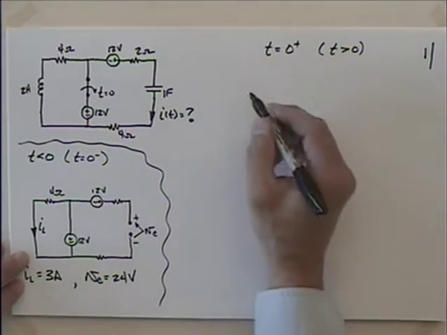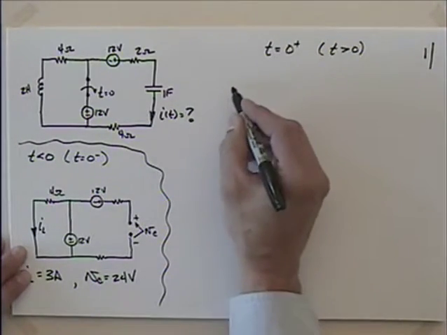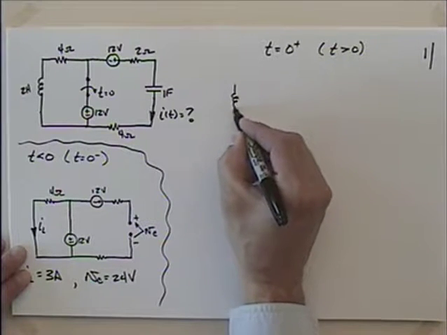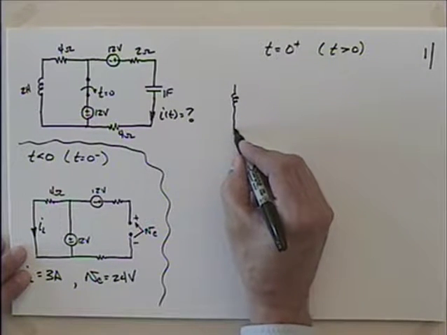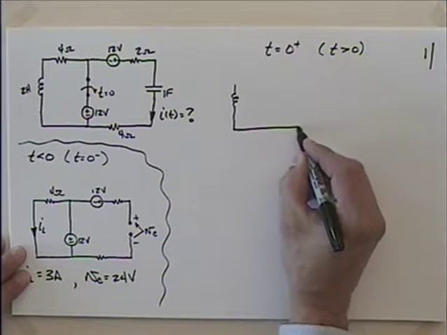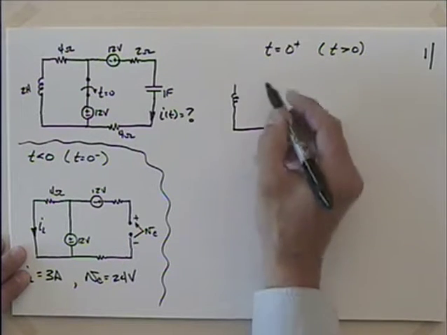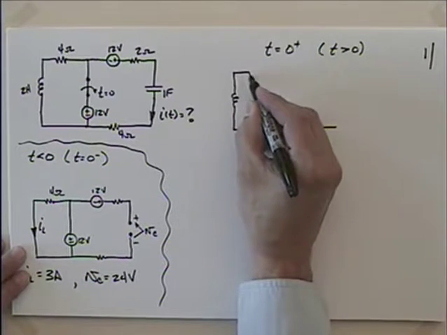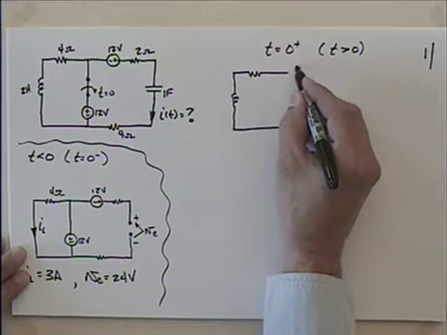We did this a couple different ways, and I'll recap those two ways. We did it here in the time domain. We looked at the circuit in the time domain. When that switch was open, the circuit looked something like this.